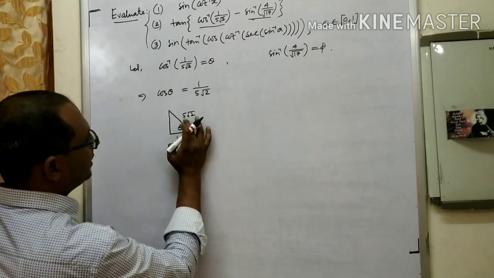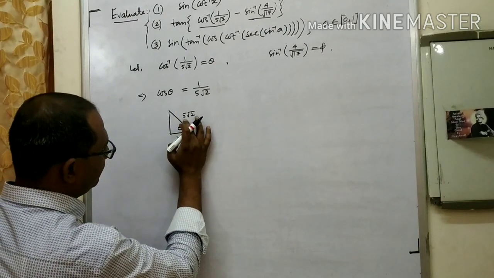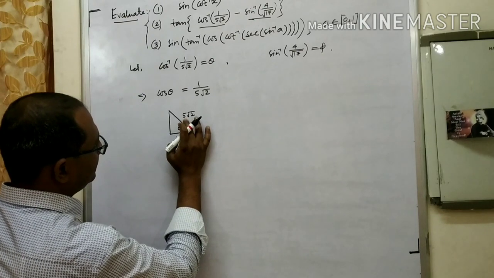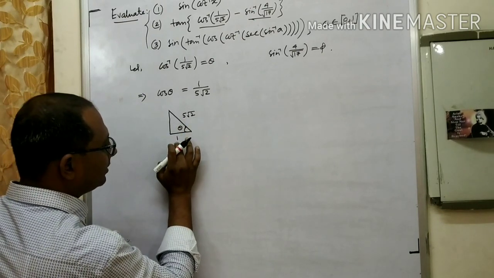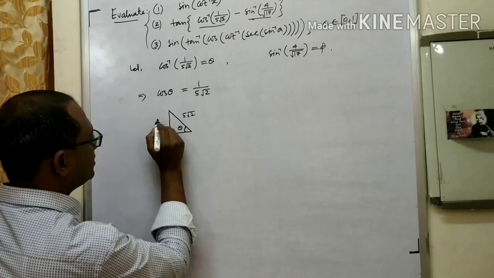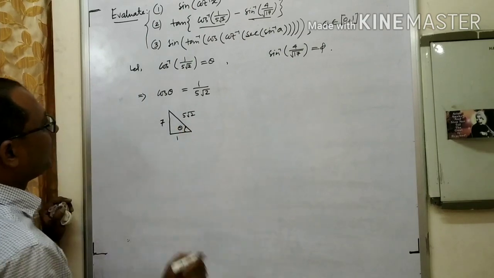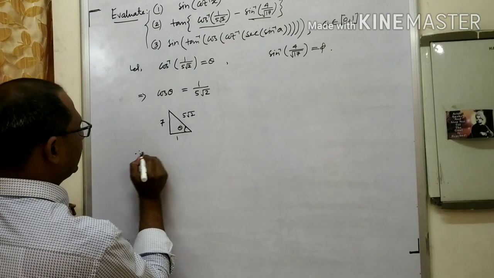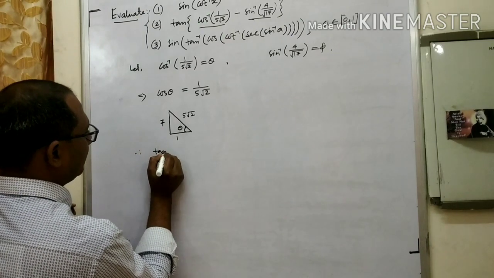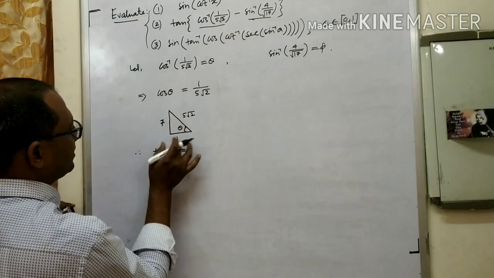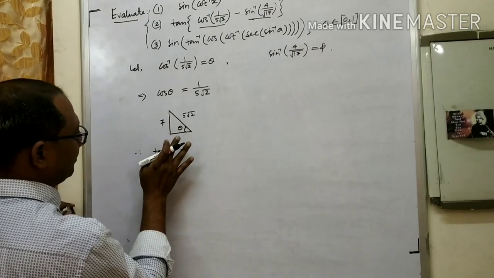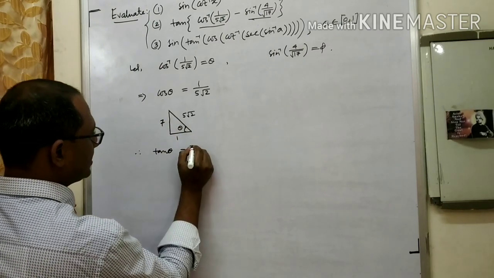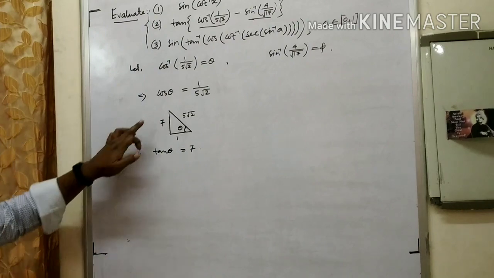So here the square is 50 minus 1, that is 49, square root is 7. So tan theta from here is perpendicular by base, 7.